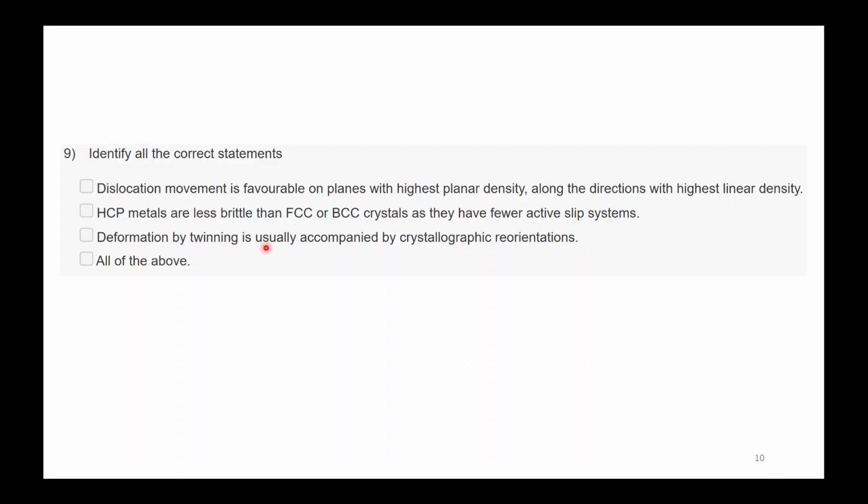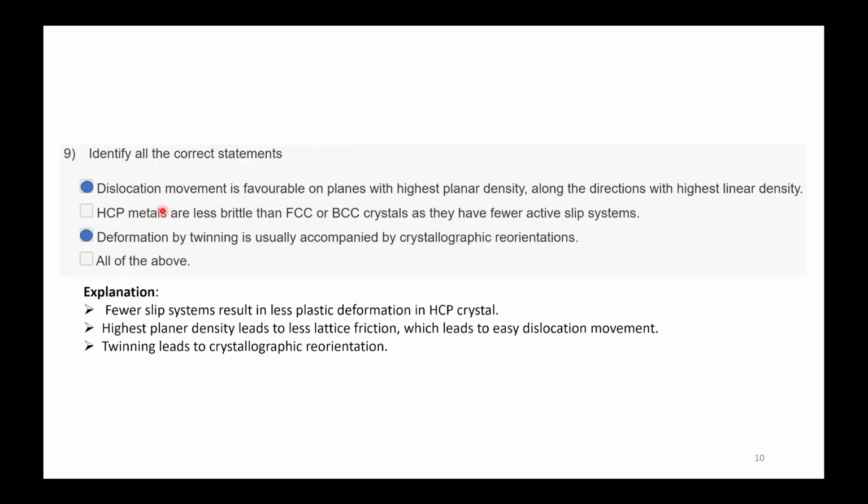Deformation by twinning is usually accompanied by crystallographic reorientation, or all of the above. So these two are correct. This one is wrong because fewer slip systems result in less plastic deformation in HCP crystal, and highest planar density leads to less lattice friction, which leads to easy dislocation movement, and twinning leads to crystallographic reorientation.